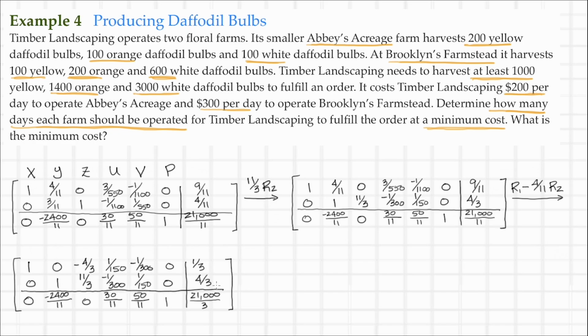So now we can finally target this last value down here. So we'll say row 3 plus 2400 elevenths of row 2.